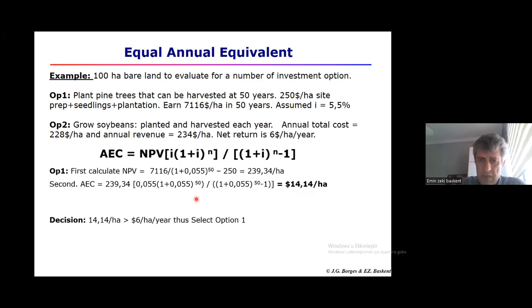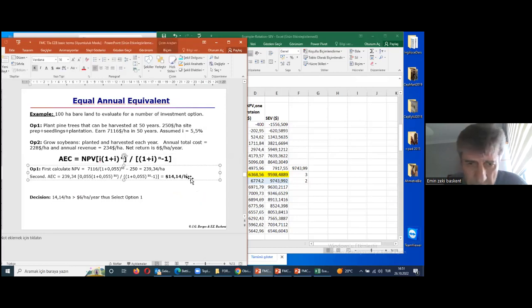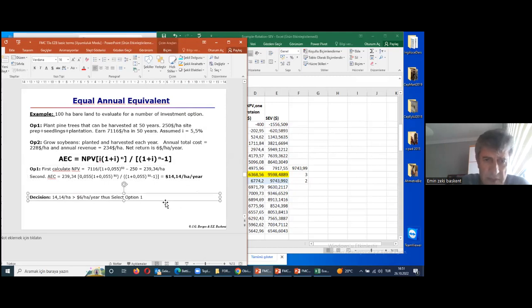So how can we make the decision? The first option provides us net annual return per hectare per year, in order to compare with the second option. $14.14 per hectare per year for option one.